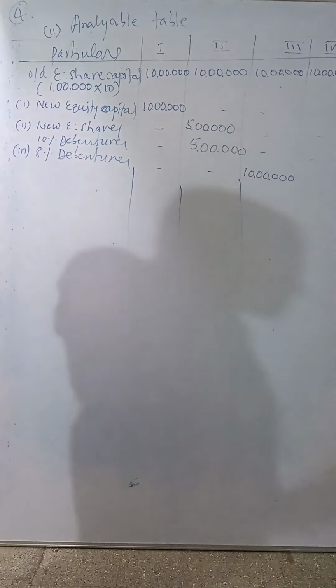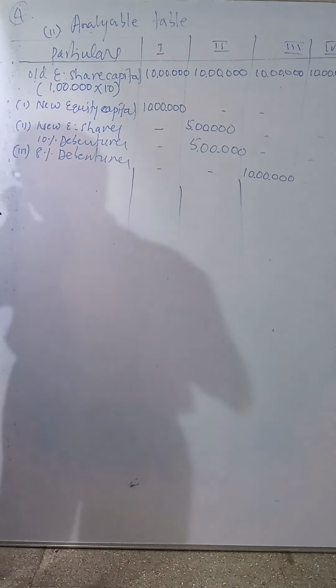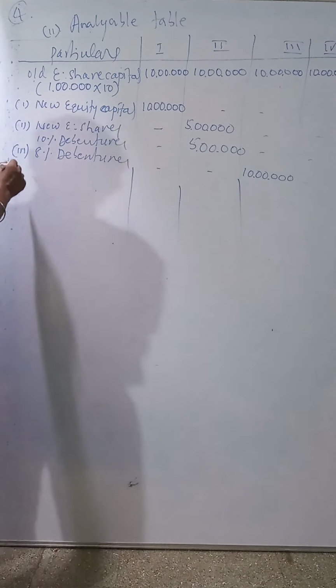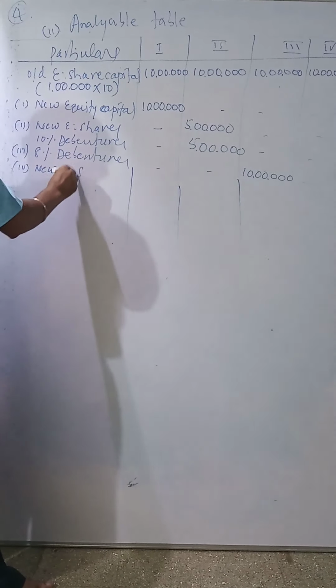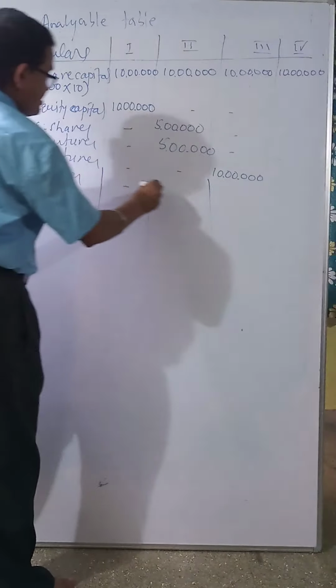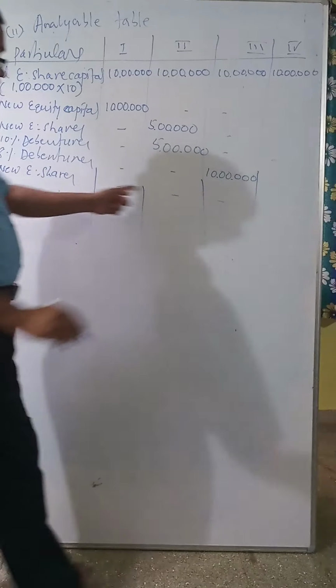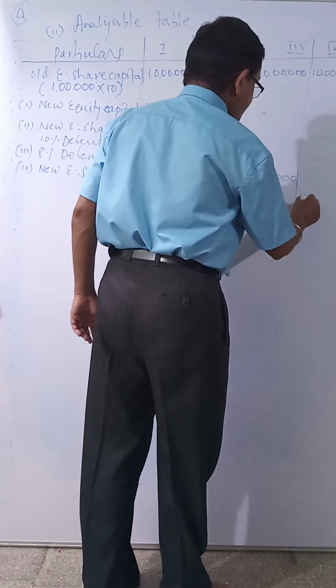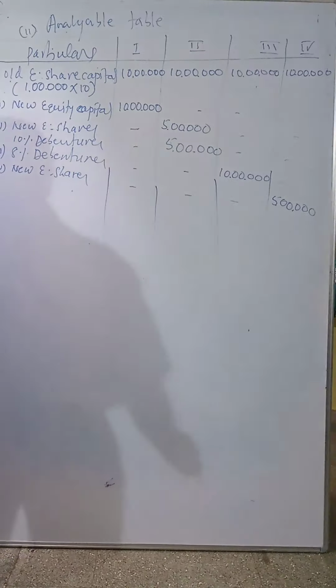Fourth point, what they have given? How to allocate the 10 lakh in the fourth point? Rupees 5 lakh in new equity shares. Fourth point, last point: rupees 5 lakh in equity shares, and rupees 5 lakh in preference shares carrying 10% dividend.